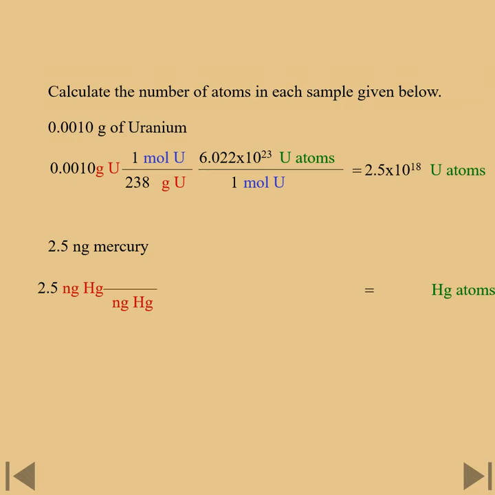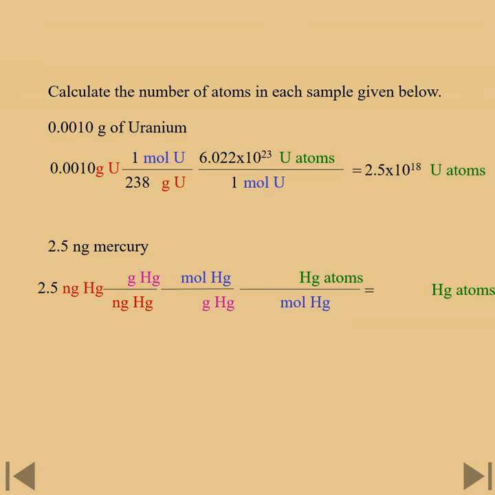Out of nanograms of mercury, and can we go straight to mercury atoms? No, we're going to get to mercury atoms from moles, and we're going to get to moles from grams. So first into grams of mercury, then from grams of mercury to moles of mercury, and then finally from moles of mercury to a number of mercury atoms.